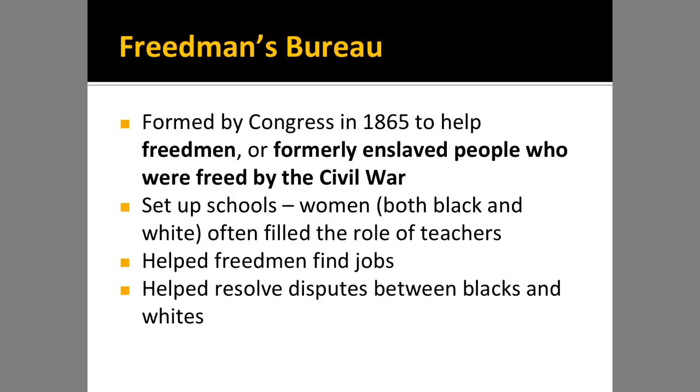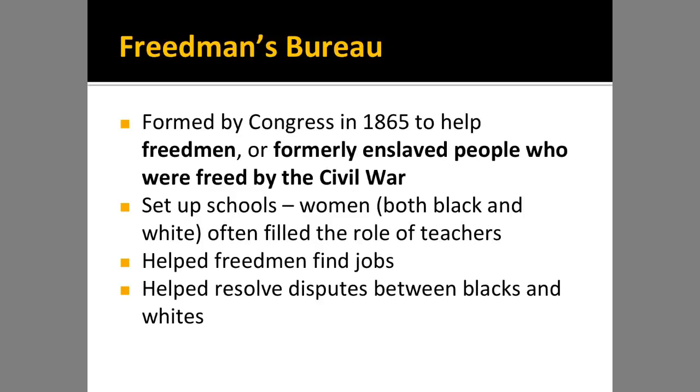So a few things the Bureau did. First, it set up schools. Often women would be the teachers in these schools, both black and white women. Remember, if we're flashing back again to last year, it was in many states illegal for slaves to learn to read or write. So when slavery is over, now you're in a position where you don't have the education that your white peers were accorded throughout their lives.